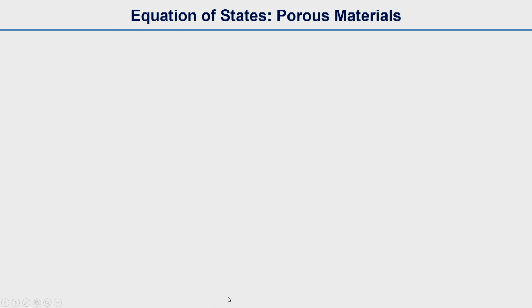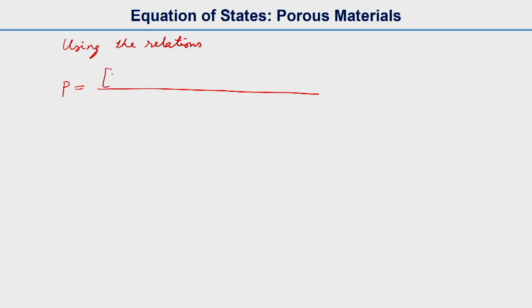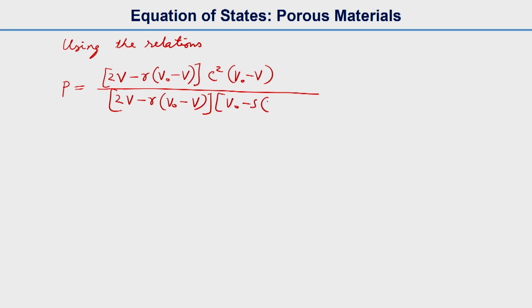So using these relations, we are not going to derive it, using the relations described in the last slide, we can find a relationship between P and V, pressure and V, which is a very big expression: twice V minus gamma, that Grüneisen constant, the C square (V naught minus V) plus twice V gamma V naught, V naught minus S (V naught minus V) square.